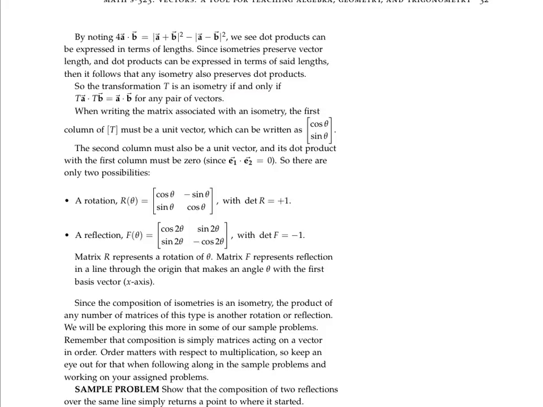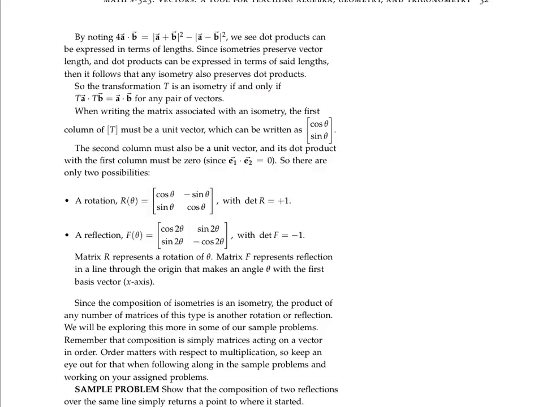All right, let's see here. When writing the matrix associated with an isometry, the first column of T must be a unit vector. Now, why is that? Remember that isometries preserve length, and so the first column is what happens to the first standard basis vector that has length 1. So if we're looking at the transformation of the isometry, that means that the first standard basis vector needs to be mapped into a vector that is also length 1.